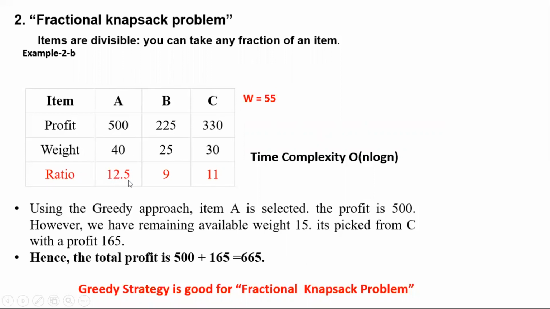If we start with the maximum ratio, which is here, we pick 40 weight from A. Now we have a remaining 55 minus 40, 15 kg, and we can pick a fraction of B or C. Since the ratio for C is larger, we can pick 15 kg from C with a profit of 165.